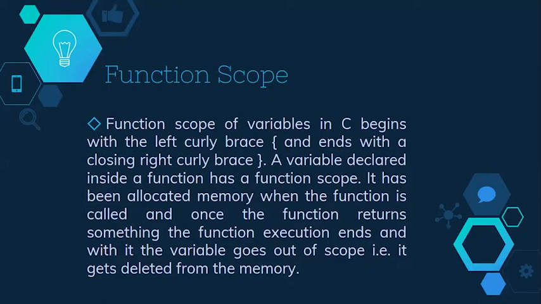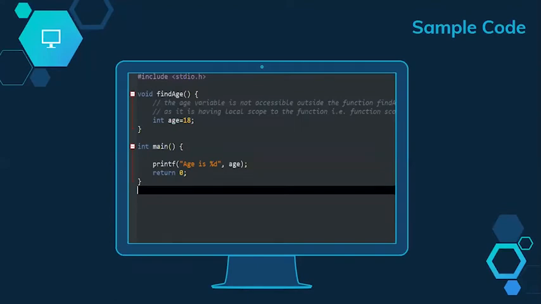Let's take a look at this code again. It's another code. We can see in the output that if you run this code, there will be a compilation error. It is because we are using an age variable outside the function from where it is declared. The compiler has thrown an error because the age variable is not available outside the function, as the age variable only has function scope.